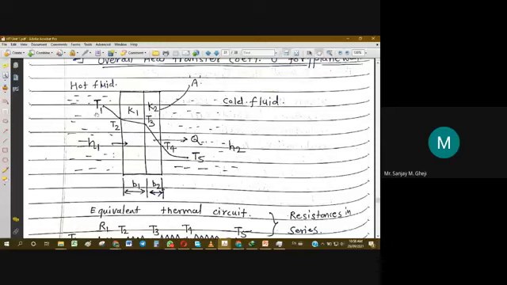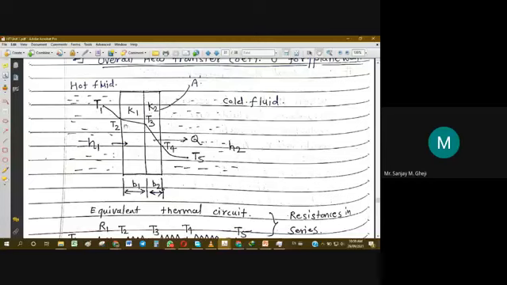Now see, this temperature T1 is the temperature of the fluid, and T2 is the temperature of this face at the solid wall. T4 is the outside surface temperature of the outer layer, and T3 is the temperature in between these two materials or walls, so it is an intermediate temperature.